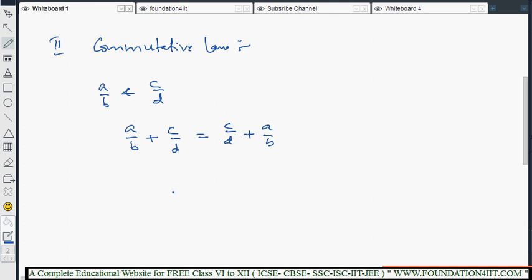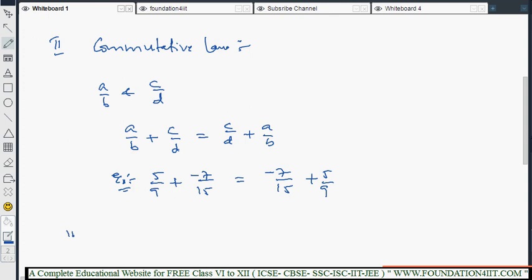If you reverse the positions and add, you get the same result. Like natural numbers, rational numbers also follow the commutative law. You can verify with an example: 5 by 9 plus minus 7 by 15, and minus 7 by 15 plus 5 by 9 will give the same solution. That is commutative law.